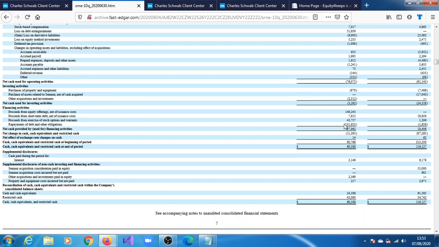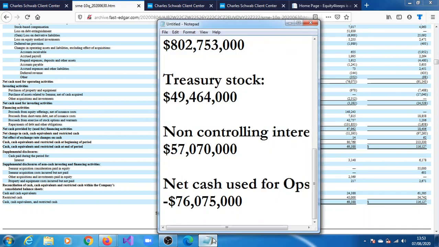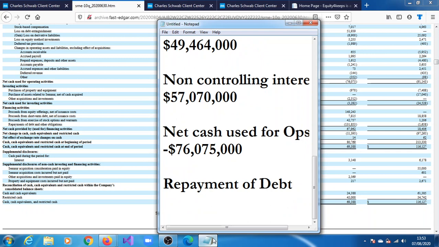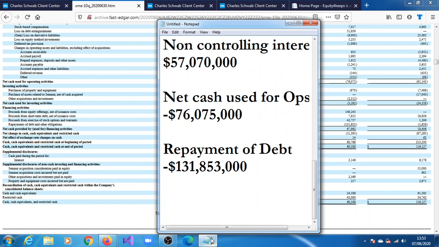This figure is the repayments of debt and other obligations, $131,853,000. The previous year was only 1,658,000.